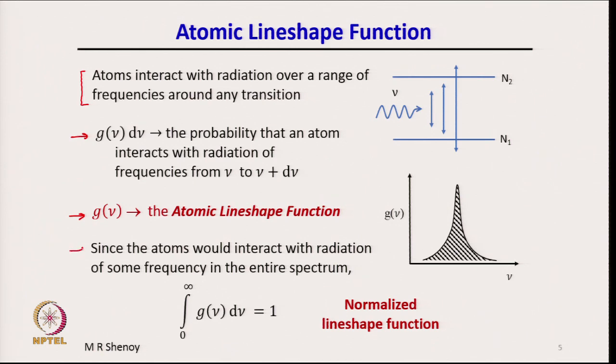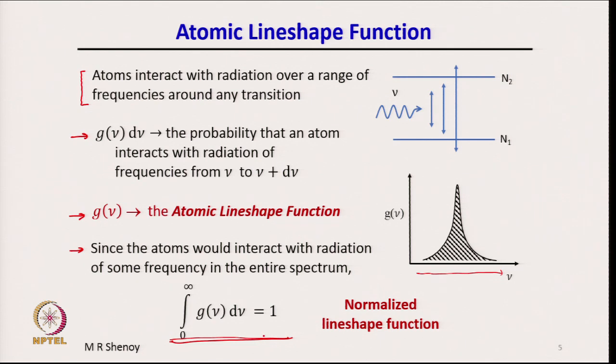Since the atoms would interact with radiation of some frequency in the entire spectrum, from 0 to infinity, because it has a certain energy difference, if we integrate over 0 to infinity, the total probability must come out to be 1.